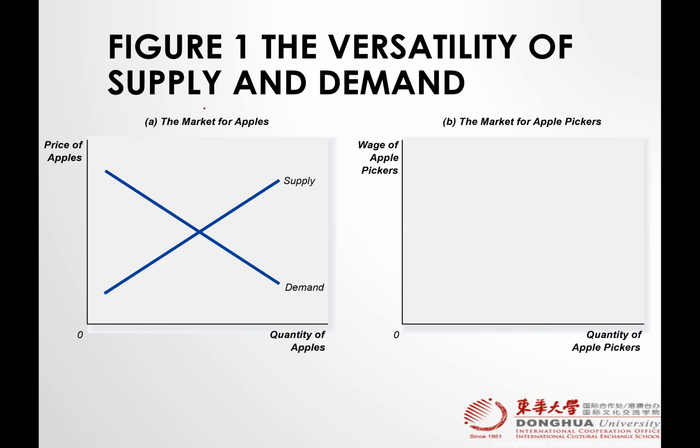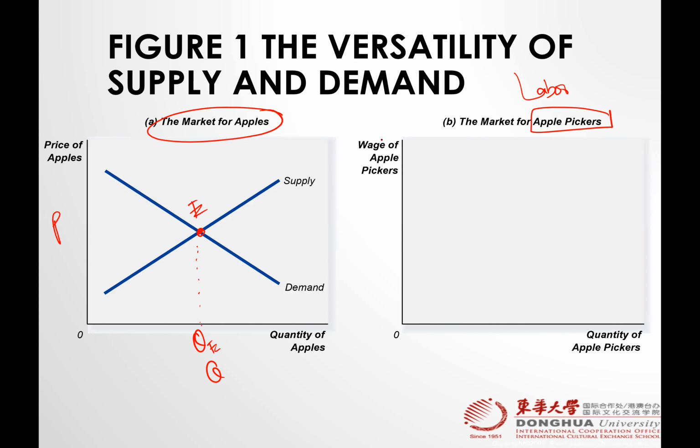So this is the market for apples, right? This is the price of apple, this is the quantity of apple. Right now the market is in equilibrium if we are here. And this is the market for apple pickers, which means the market for labor.